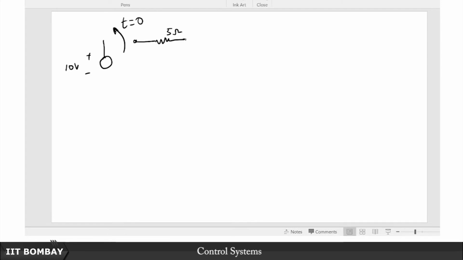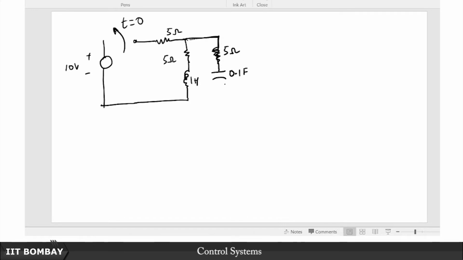So let us say there is a 5 ohm resistance here, and another 5 ohm resistance here, and a 1 Henry inductor here, and then there is another 5 ohm resistance here, and let us say a 0.1 farad capacitor, forget about how big that capacitance will be, it is just some value that we are assigning to it. So this is a switch.